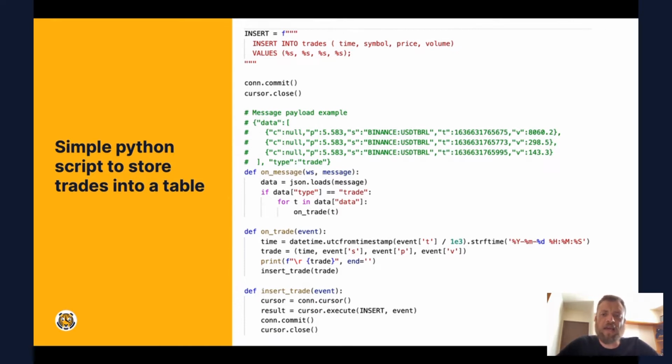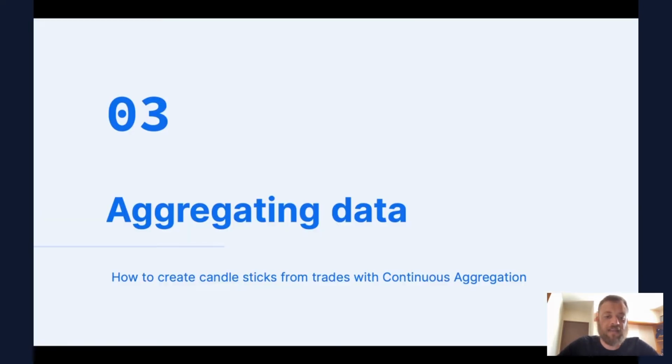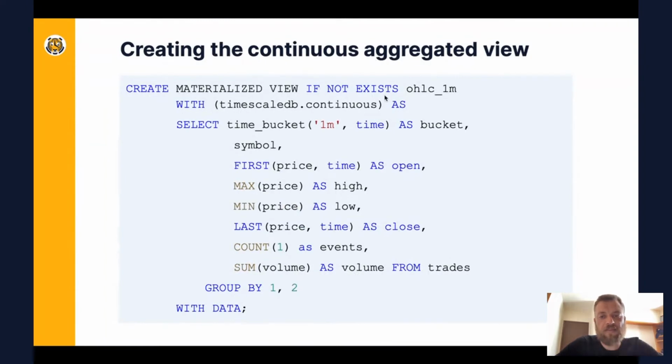And then as we have this very huge amount of data, we can also think about aggregating it. For the next step, I'm going to show this very simple query that is basically open, high, low, close plus volume per 1 minute.